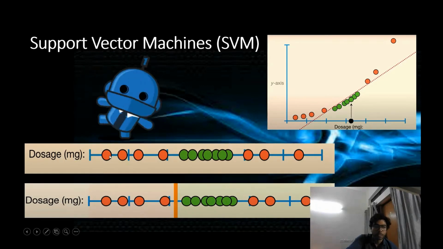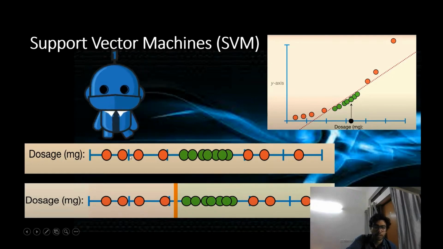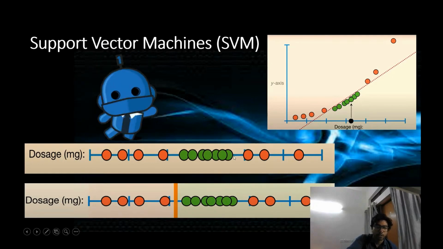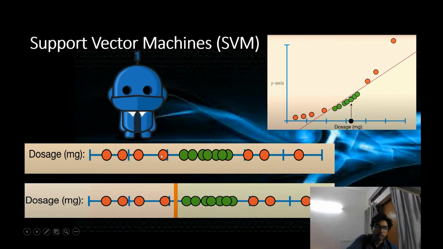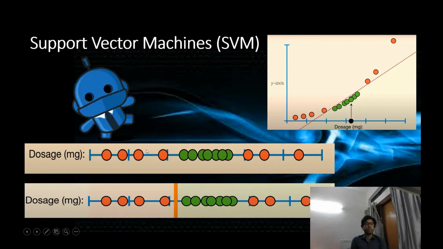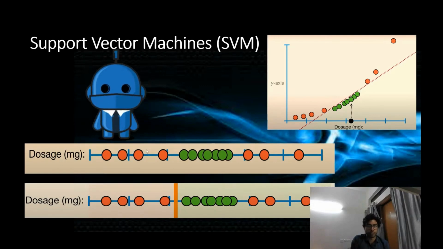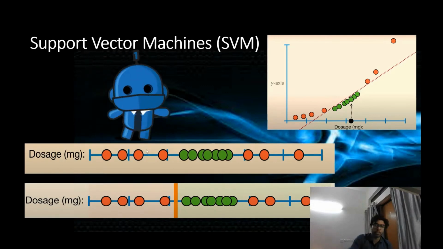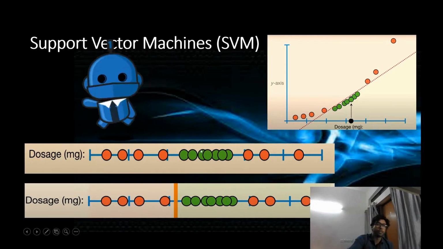Let's say this is the dosage of medicine, and you're taking some medicine, and the red points are the cases in which the medicine is not working. So this is a zero, let's say y equals zero means medicine is not working. The green points are the points where medicine is working.